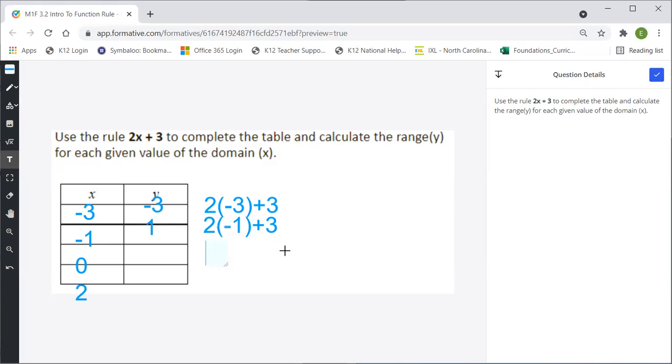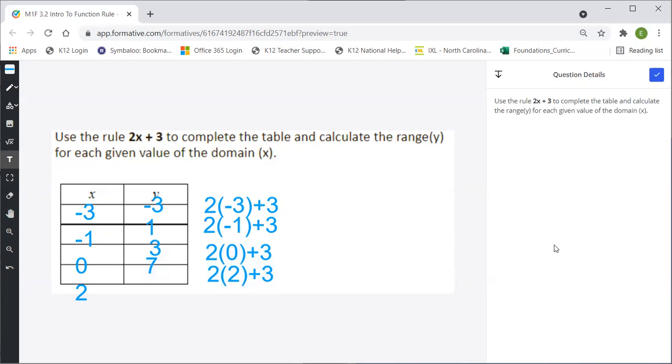And you guys can make yours a little nicer. It's a little wonky, that's okay though. All right, next one, 2 times 0 plus 3. 2 times 0 is 0, plus 3 is 3. And last but not least, 2 times 2 plus 3. 2 times 2 is 4, plus 3 is 7.